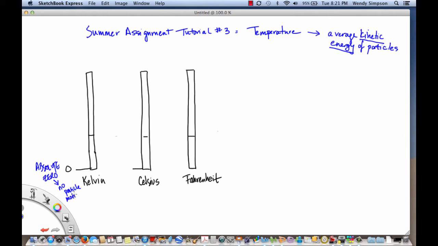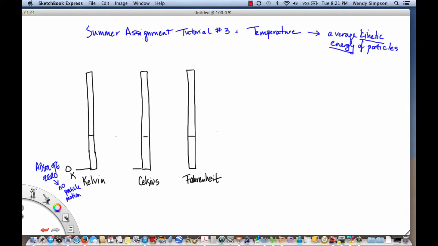No particle motion. If there's no particle motion, that means if we go up to here, there's no kinetic energy. So absolute zero on the Kelvin scale is 0 Kelvin. And we don't use degrees on the Kelvin scale. We just say 0 Kelvin.